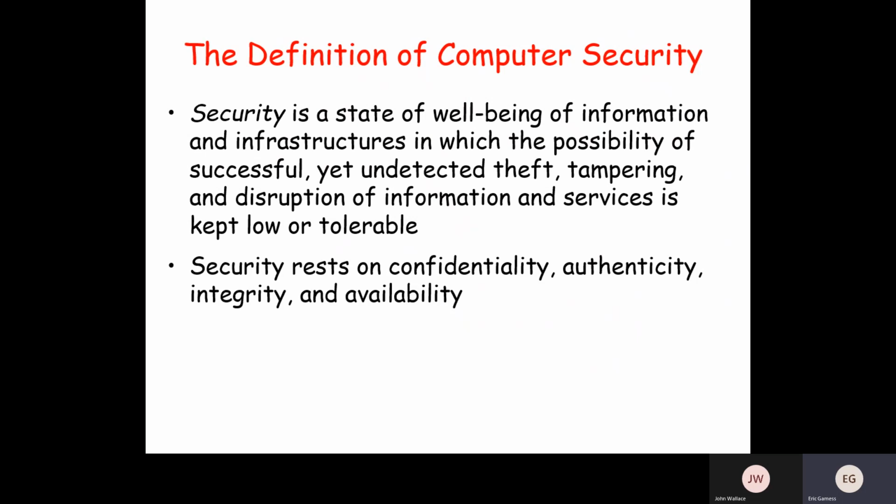So a definition of security is there. It says security is the state of well-being of information and infrastructure in which the possibility of successful yet undetected theft, tampering, and disruption of information and service is kept low or tolerable. This is very important, it's kept low.